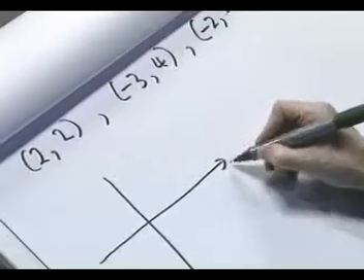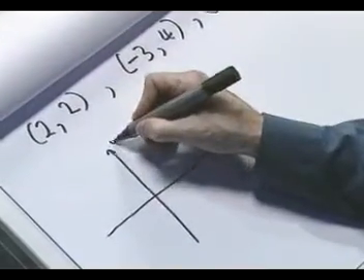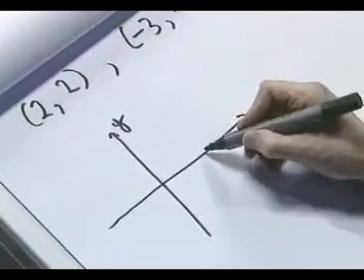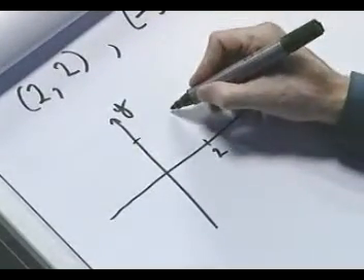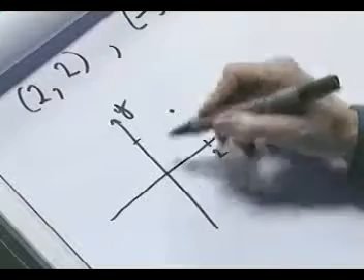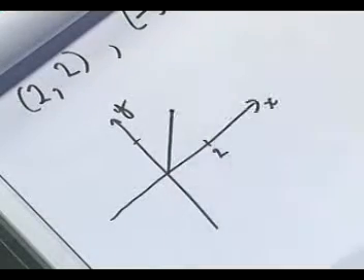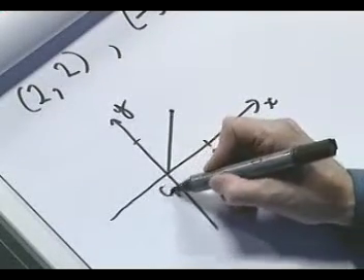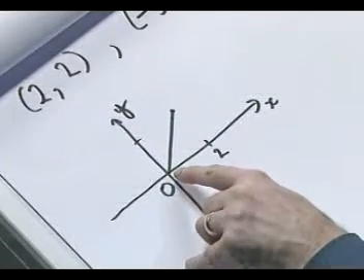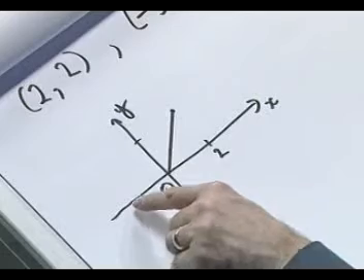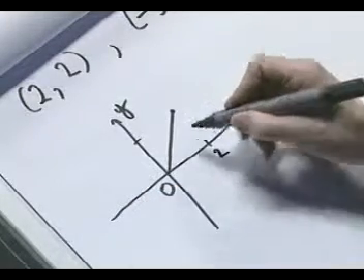Show where it is, to begin with, on the Cartesian axes, so it's at 2 for x and 2 for y, so it's there. So again, we'll associate the origin in Cartesians with the pole in polars and the x-axis with the initial line.